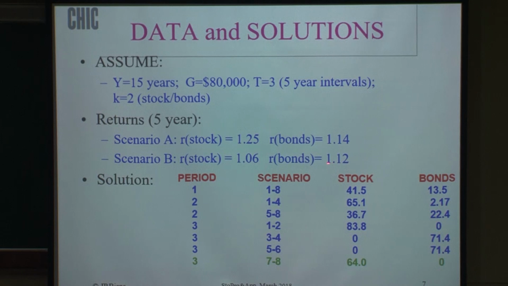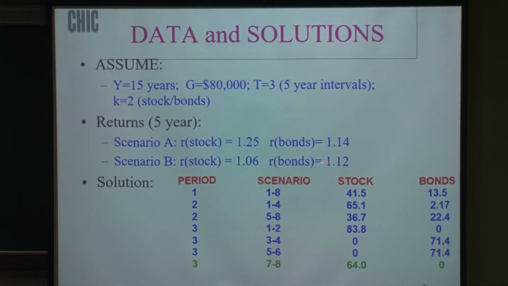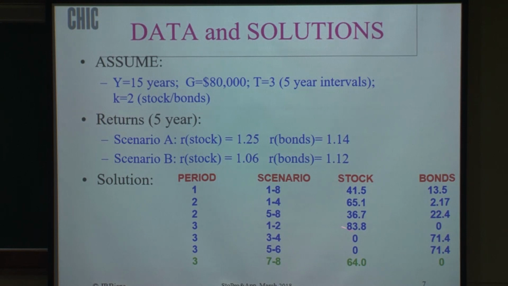If I put everything in bonds, because I'm guaranteed of getting 12%. So if I put everything in bonds, I'm guaranteed that 12%, I'm guaranteed to make my goal. So because I'm guaranteed to make the goal in both of these scenarios, I decide I'll just put everything into the bond, and I'll be able to make my goal because the minimum return is better.